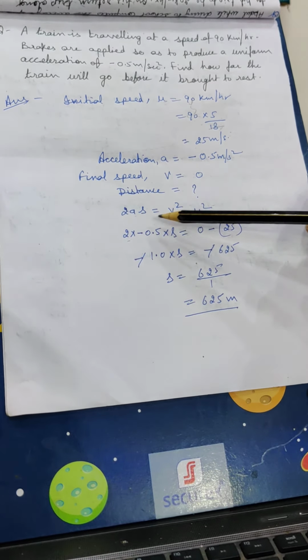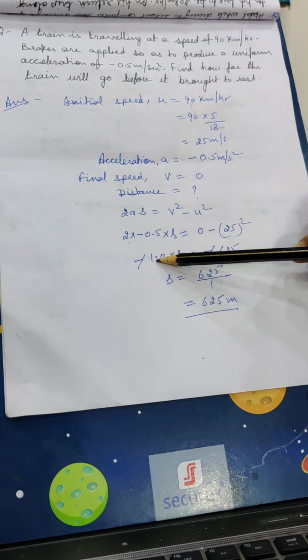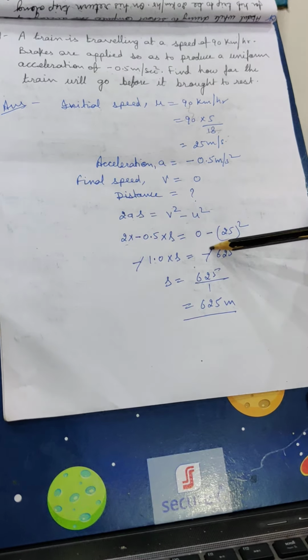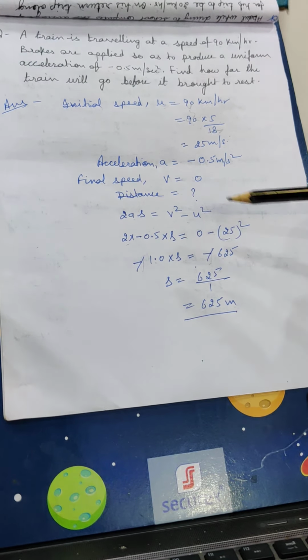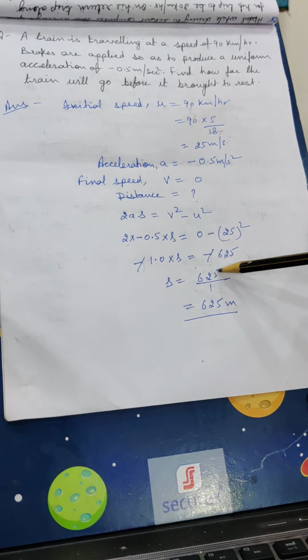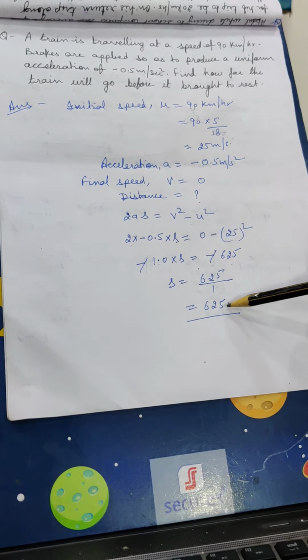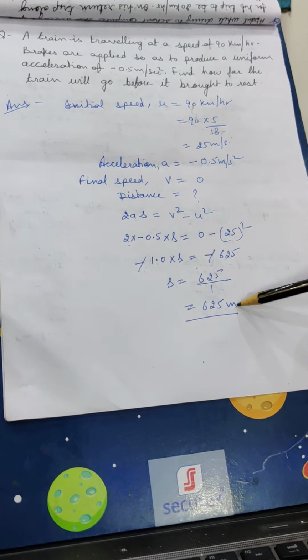Now 2 into 0.5 is only 1, so −s = −625. This minus cancels with this minus, so s = 625 meter.